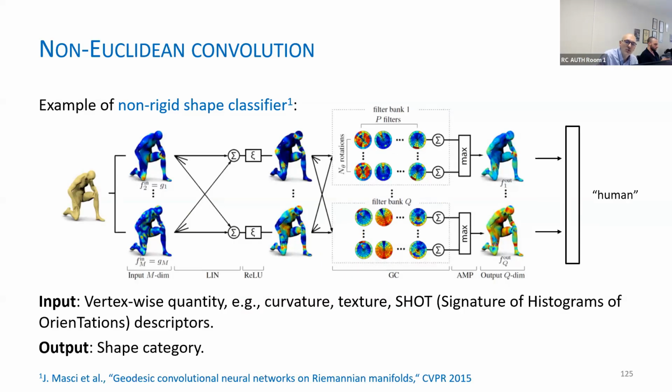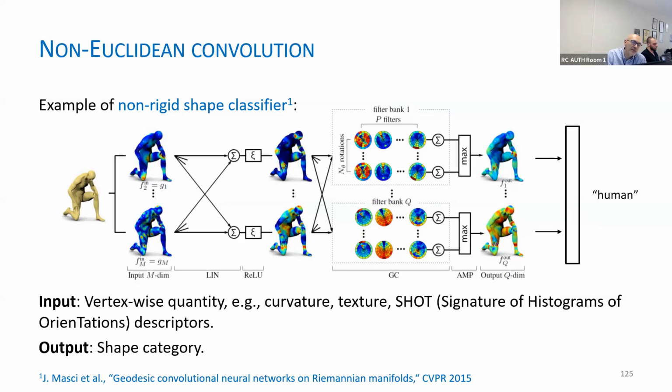And now I will try to provide you some details for each of these different steps. The idea is that we have a generic manifold that in this case is represented by the shape of a body, and we want to learn from this generic surface, and at the end we want to classify.